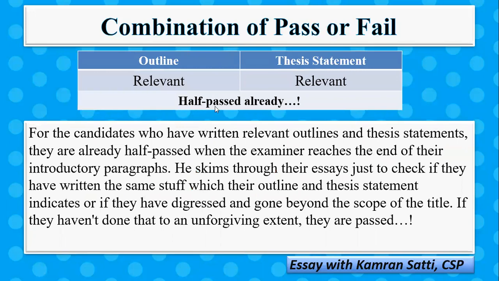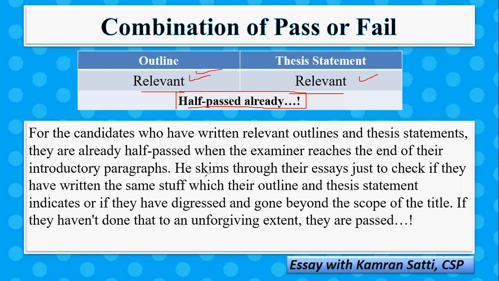Now, these sort of candidates have good command over English, and they write both relevant thesis statements and outlines. They have properly understood the topic, and they have conveyed to the examiner also that they have understood the topic. These candidates are half passed already, within the next 5 minutes, because the examiner has read your outline and your introductory paragraph, he hasn't found any grammatical or sentence structure mistakes, and you have understood the topic.